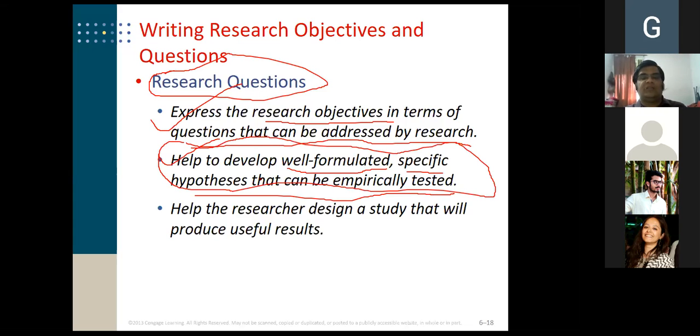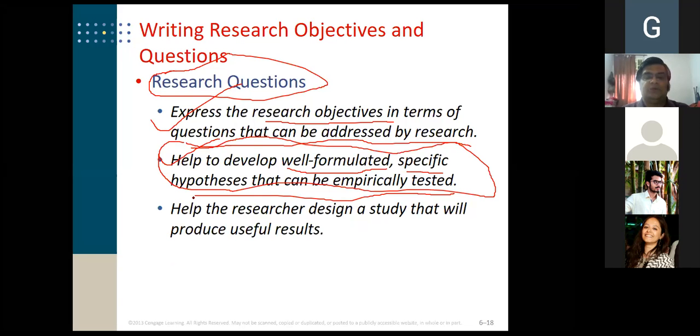Help to develop a well-formulated, specific hypothesis that can be tested empirically, meaning it can be tested by data, right? So that is my research question.